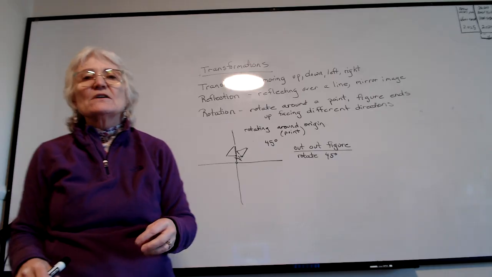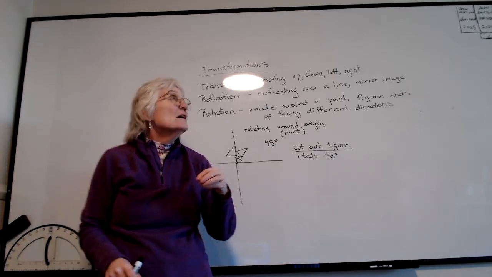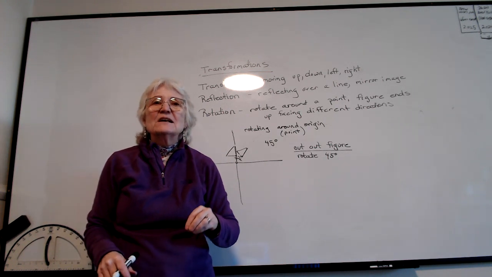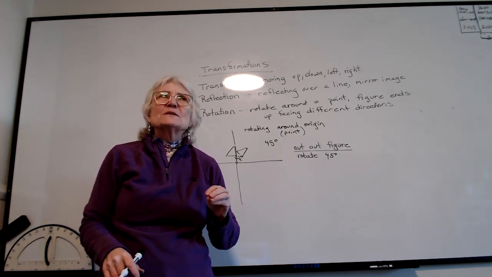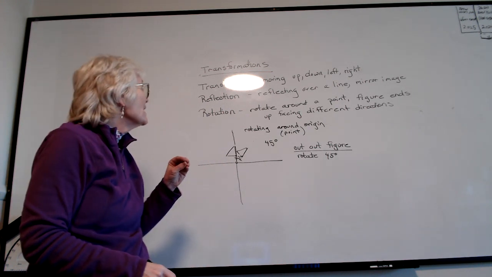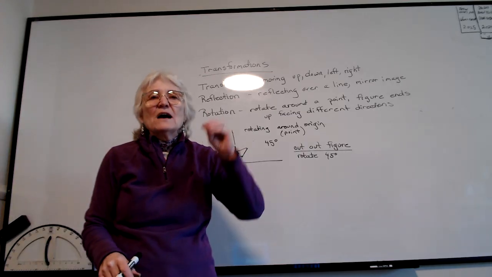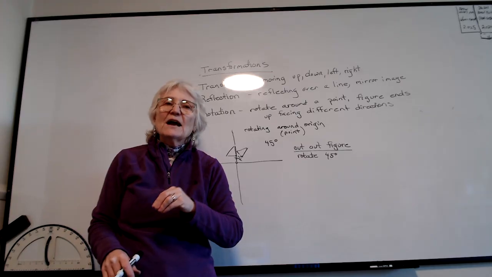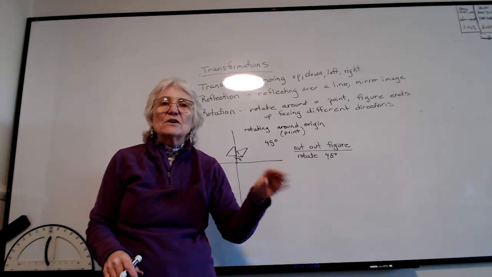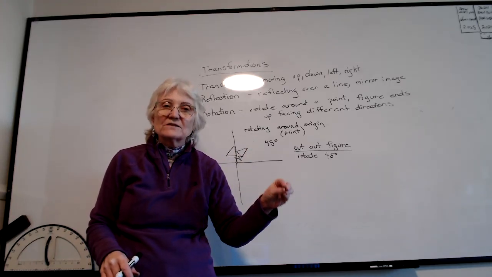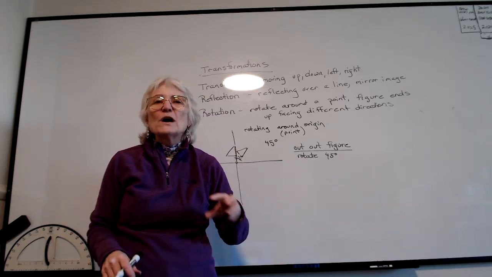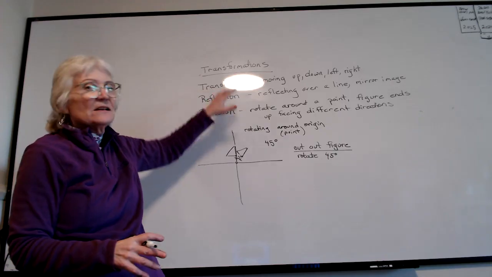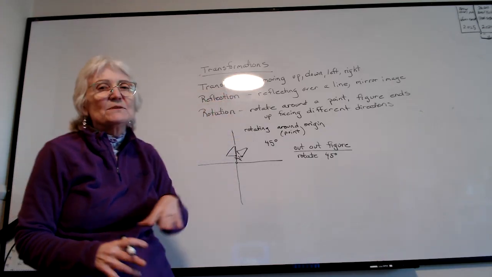Next week, we're going to talk about the same thing, translations, reflections, and rotations. Maybe not as much rotations, but translations and reflections of the base functions, all functions that we have, and what numbers cause them to be translated, what numbers cause them to be reflected.